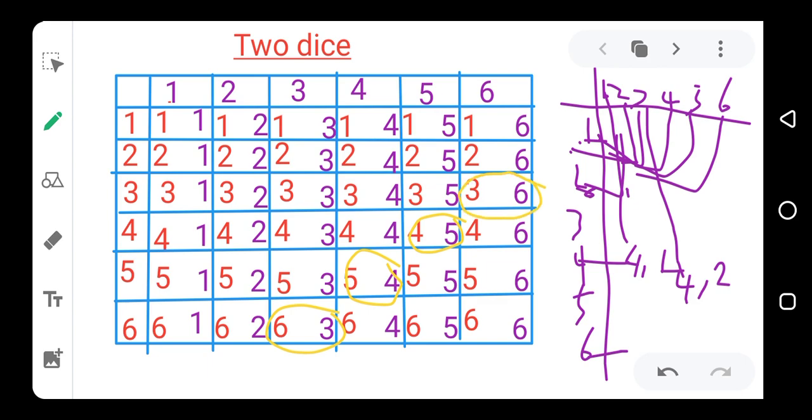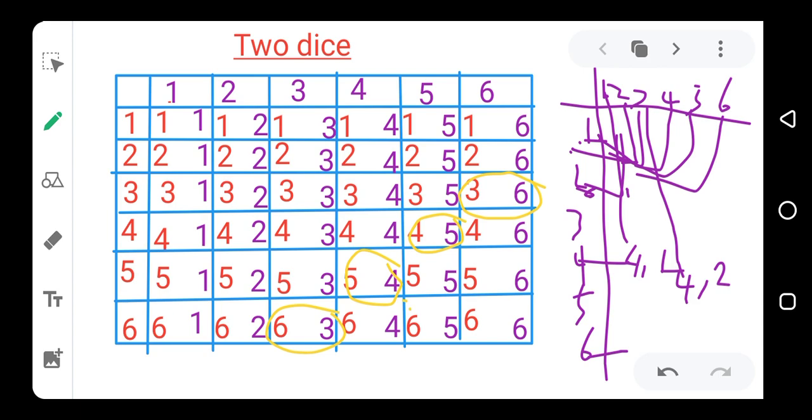Then let's come to 4. 4 plus 5 will give us 9. Yes. And 4 plus 5 here will give us 9. Now let's come to 5. 5 plus 4 will give us 9.